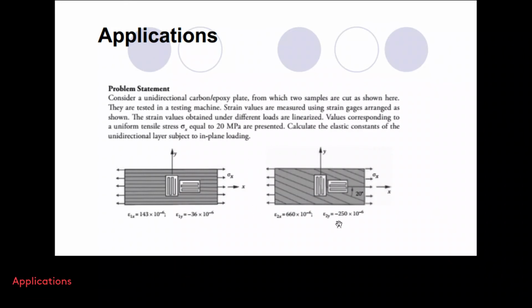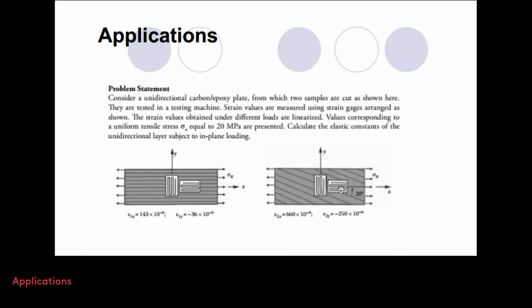And in this case of a second sample, the fibers are off-axis oriented. They make an angle of 20 degrees with the x coordinate, and again load sigma x is applied in the x coordinate system.